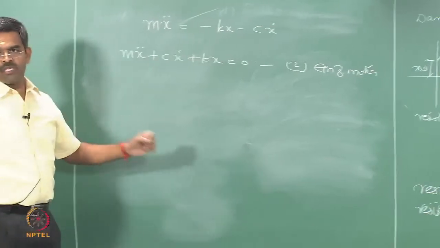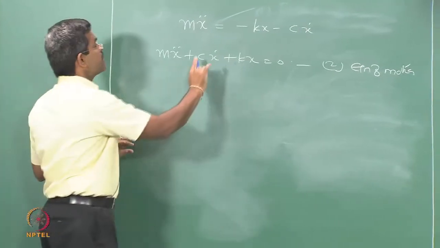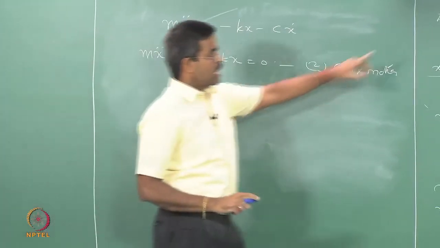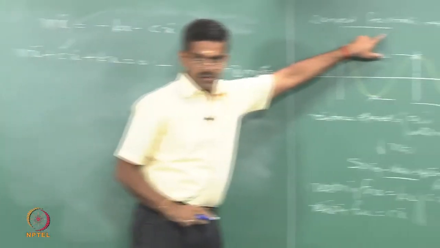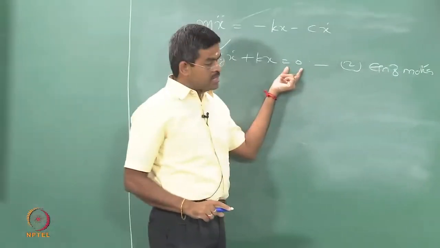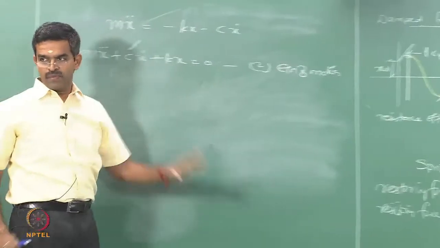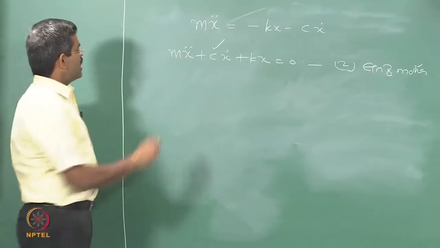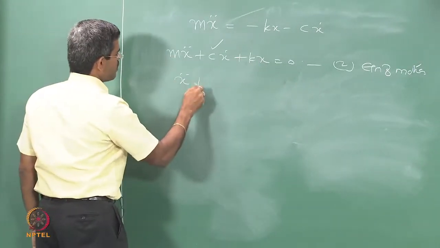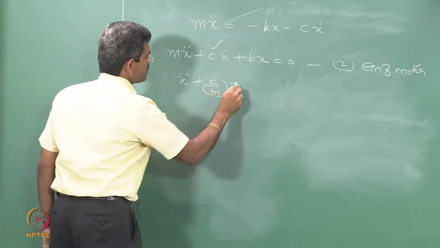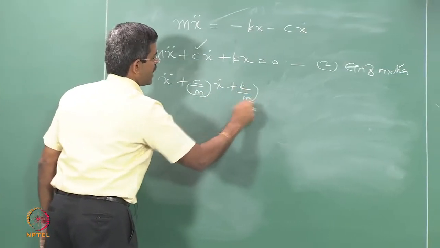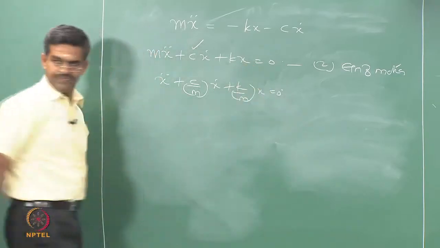This equation of motion has the damping term present, therefore, this is damped free vibration because the right hand side has no external excitation applied to the system, it is 0. So, let us rewrite this equation as x double dot plus C by m of x dot plus k by m of x equals 0.